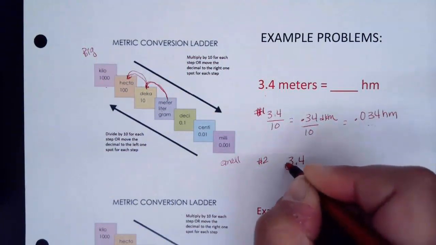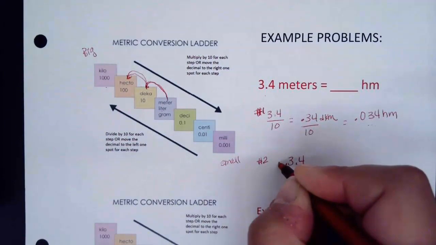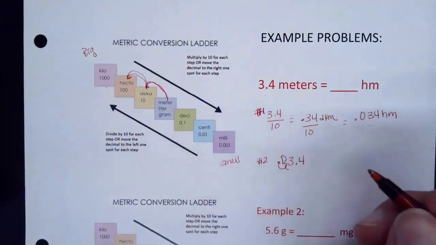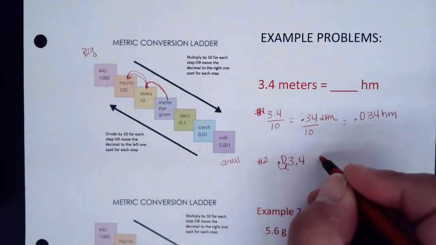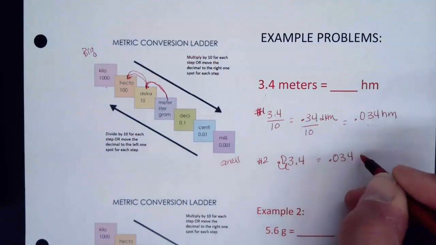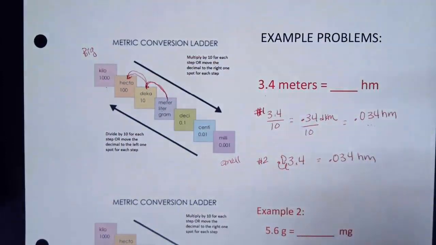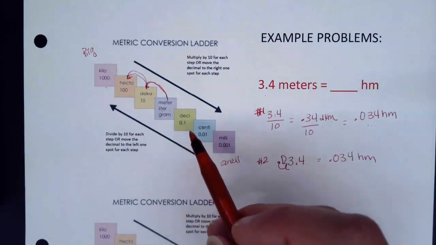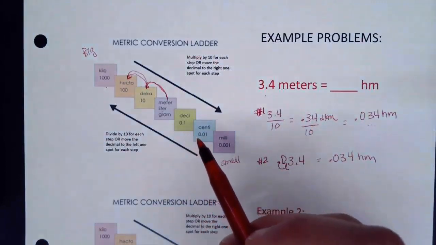So 1, 2, put your decimal place, fill in the zeros, right? And so then you end up with 0.34 hectometers. So either way is going to give you the same answer. It all depends on what your comfort level is here.